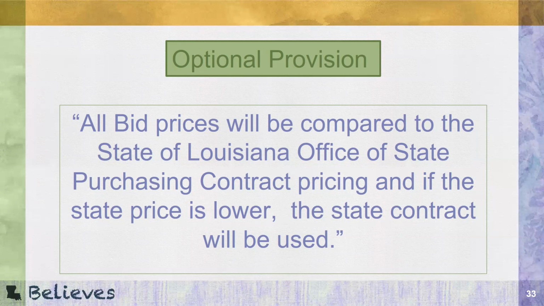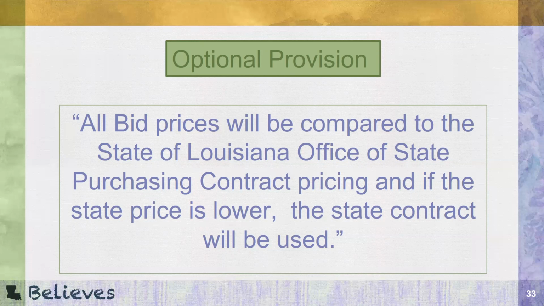So if you do a proposal or an IFB, if you add this language that your bid prices are going to be compared to the state of Louisiana Office of State Purchasing Contract, and if the state price is lower, the state contract would be used. What that does is it gives you a backup. Like I said, there's been many times I've gotten calls this year about SFAs not getting any bids.